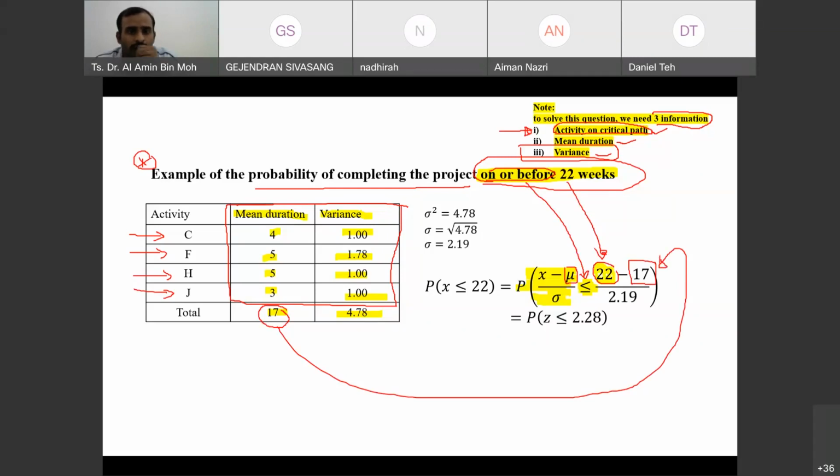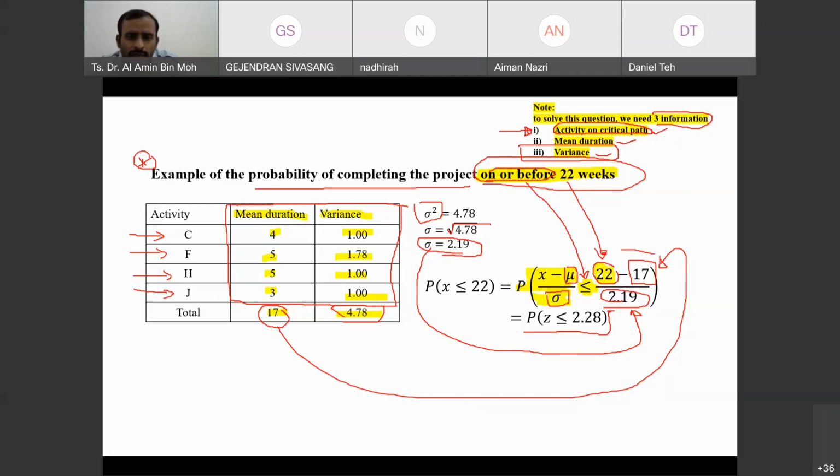Sigma is the only thing that we need to do some calculation for. Variance is sigma squared. So we got 4.78, and you need to take the square root. You get some value here, 2.19, which is sigma. The probability is that, sorry, 2.28.